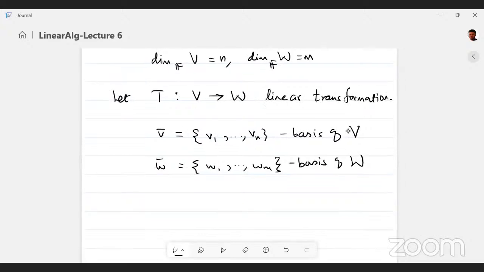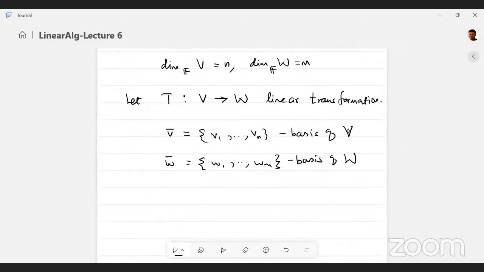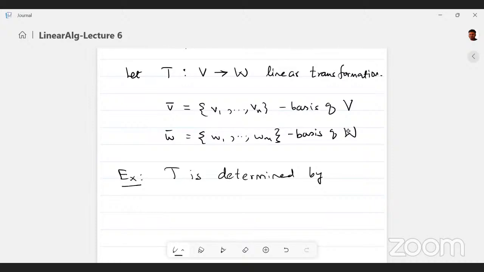What I mean by that, here is a small exercise: T is completely determined by its action on this basis V bar.